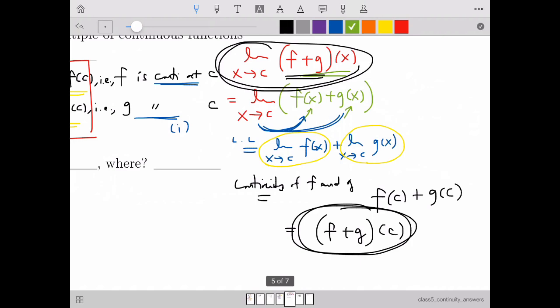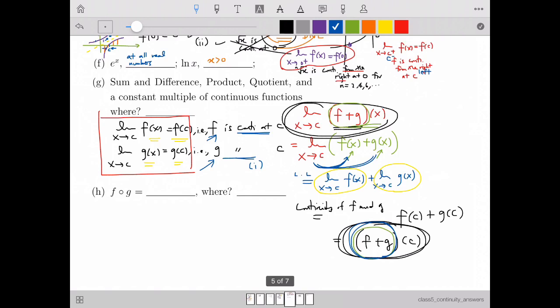Therefore, f plus g, this function, is continuous at c. So if both f and g are individually continuous at c, then its sum is also continuous at c. That was by limit law.